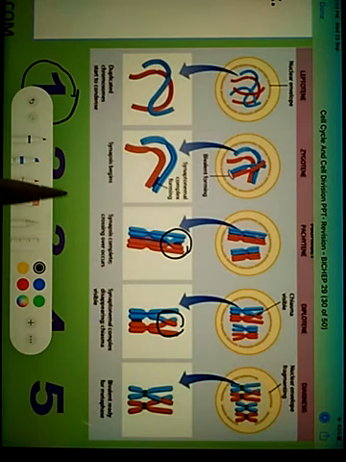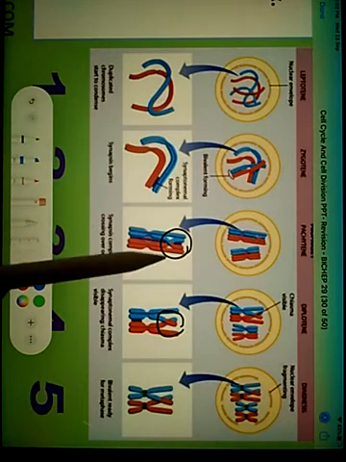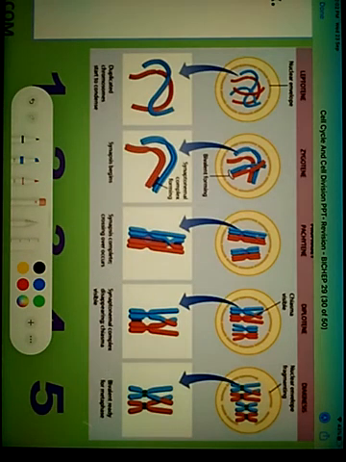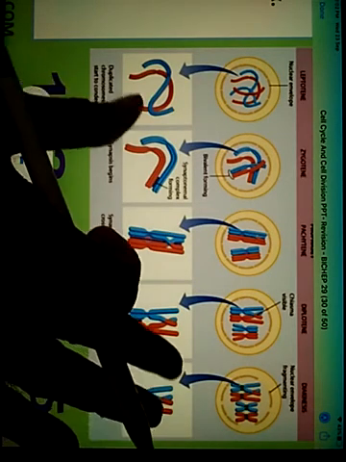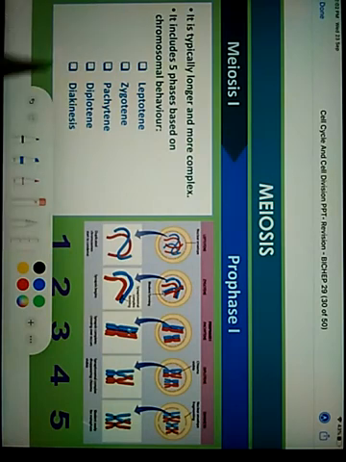So genetic material has to get exchanged, and that is where we can produce the necessary variation or mixture of different types of characters altogether. So let us see stepwise each and every phase: Leptotene, Zygotene, Pachytene, Diplotene and Diakinesis.